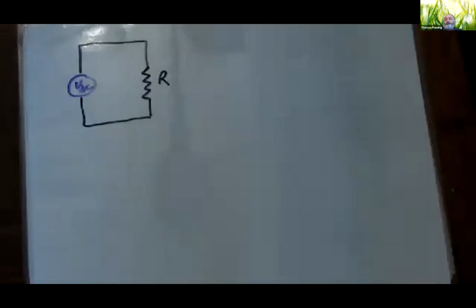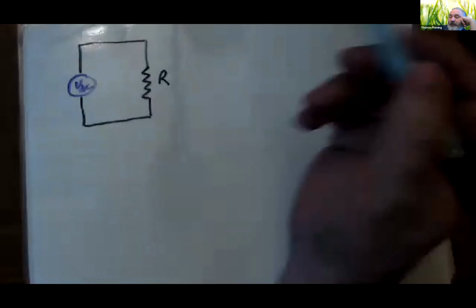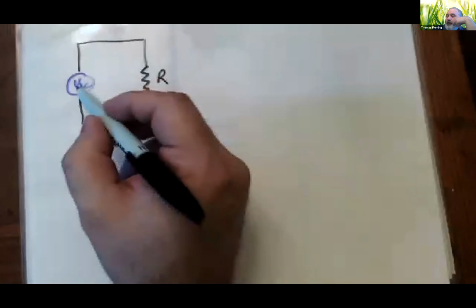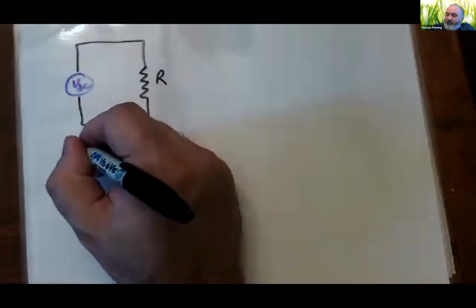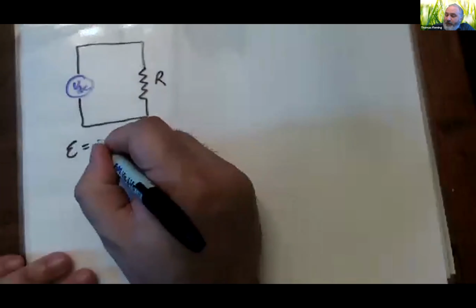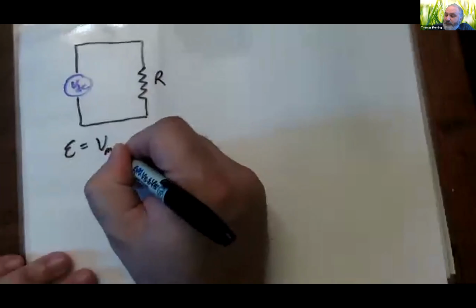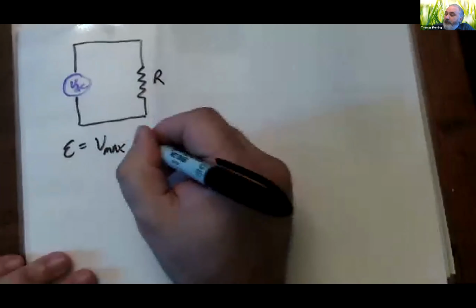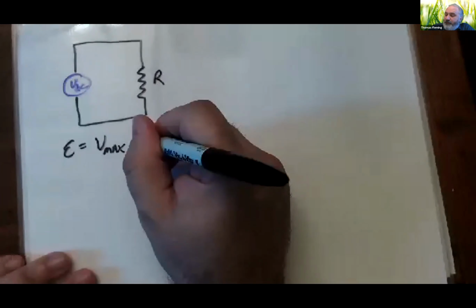So now, remember, this is an alternating current voltage source. So this is like a battery, except the EMF of the battery would be some V max times, let's go with the sine of omega t.